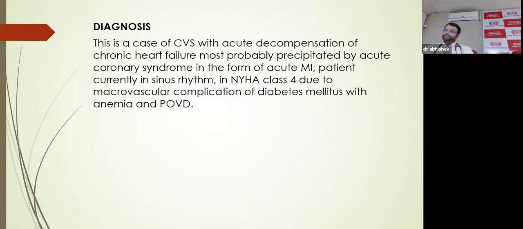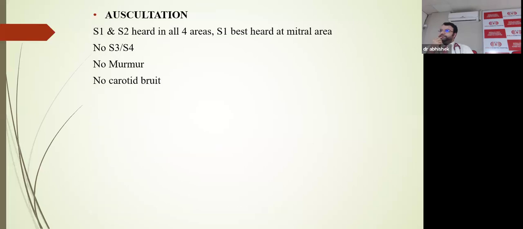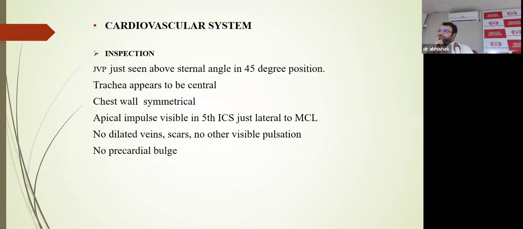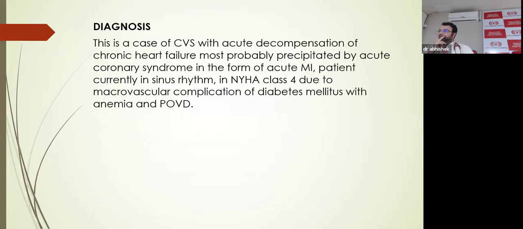Okay. Right. So she has mentioned that it is a case of chronic heart failure. Because of that, there was some shortness of breath for 2 months, palpitation for 2 months, and then this patient ended up in some acute coronary event.